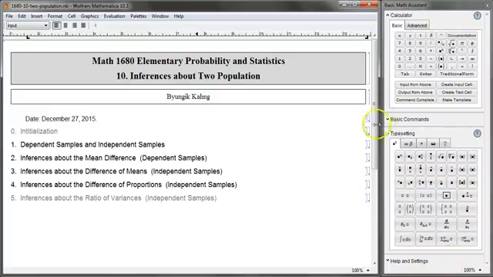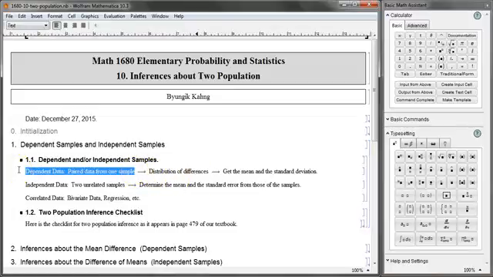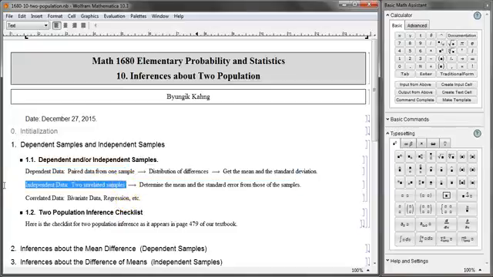Okay, let's resume our discussion in my notebook here. And section 1 of my notebook summarizes 10.1. What about the dependent data, paired data from one sample, like pre-test scores and post-test scores of a certain class? How about independent data?